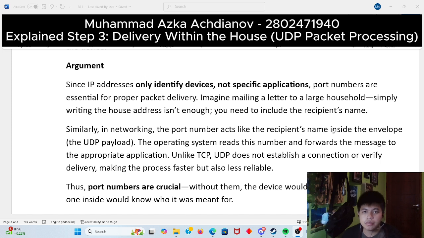The operating system reads this number and forwards the message to the appropriate application. Unlike TCP, UDP does not establish a connection or verify delivery, making the process faster but also less reliable. These port numbers are crucial. Without them, the device would receive the packet, but no one inside would know who it was meant for.